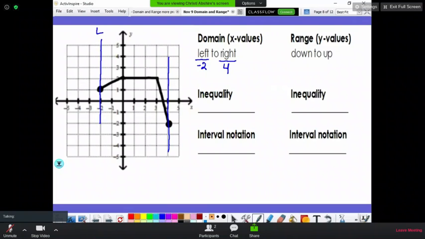As an inequality, I can say X can be between -2 and 4. And I do notice that those are colored in dots, so I'm going to say or equal to. X is in between those, and the colored in dot includes the or equal to. In interval notation, this would be a bracket from -2 to 4, also having a bracket.